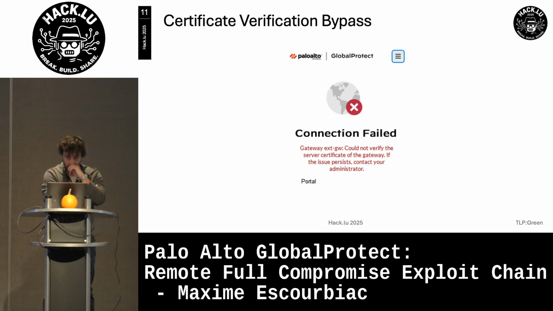So Palo Alto, when we talked to Palo Alto about that, they said we have a configuration for that, and we prevent users from bypassing and saying it's okay for me, I take the risk. So we have this kind of issue, and the server certificate cannot be verified, etc. So we are a bit sad for that.